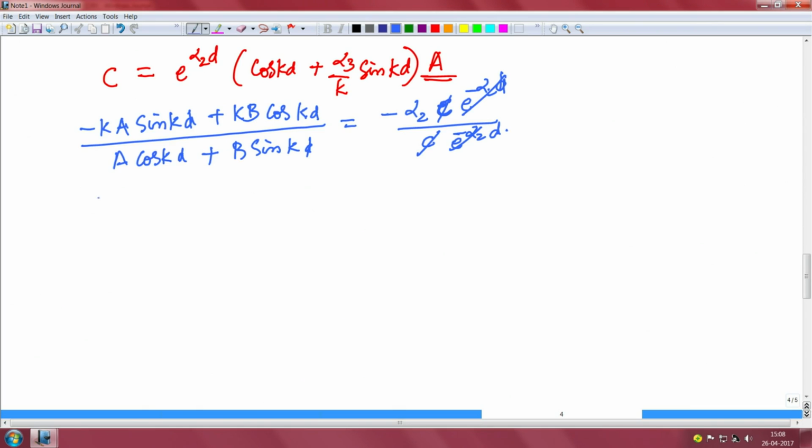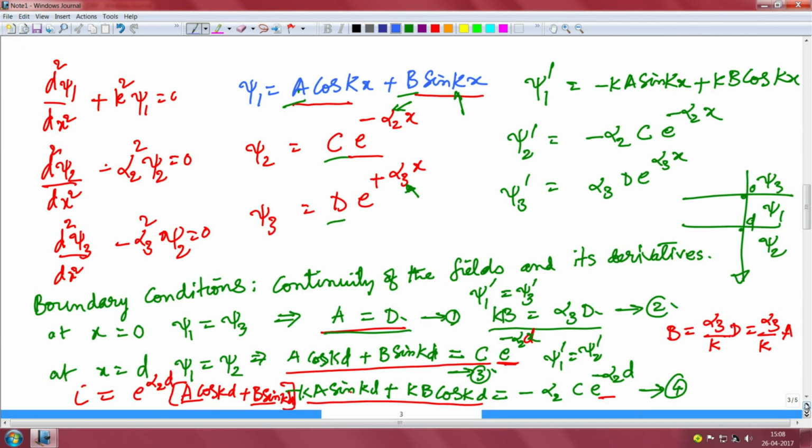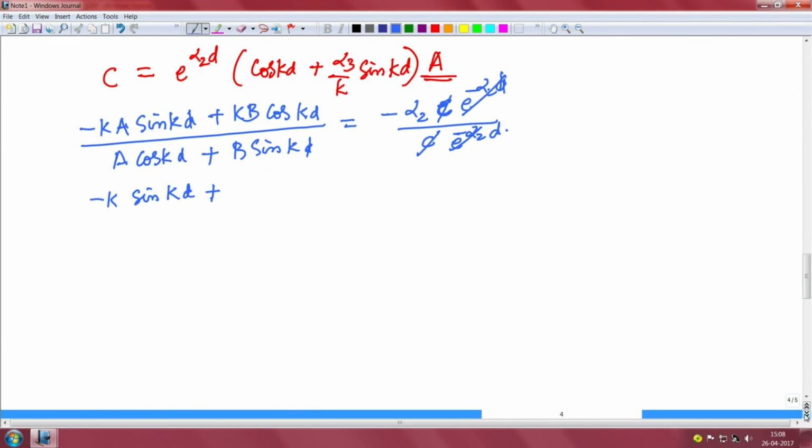So, we get minus k sin k d plus b is how much, what is b? Alpha 3 by k into a, alpha 3 by k, already one k is there here, into a is cos k d, and this a I will take out common.